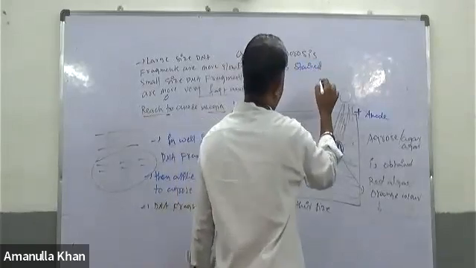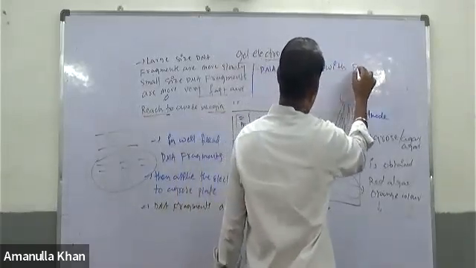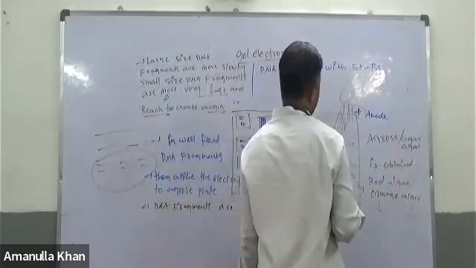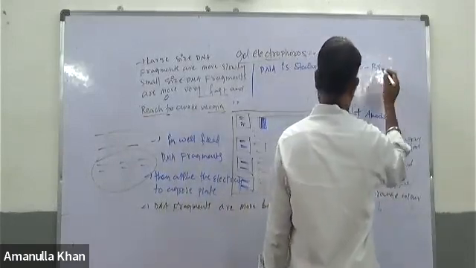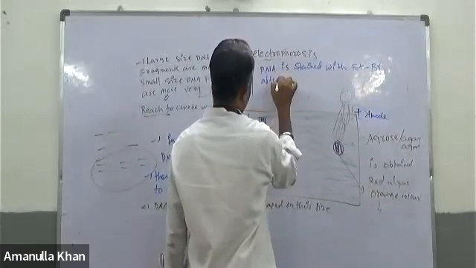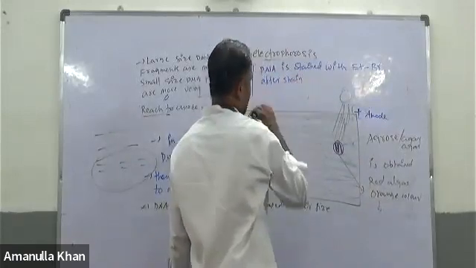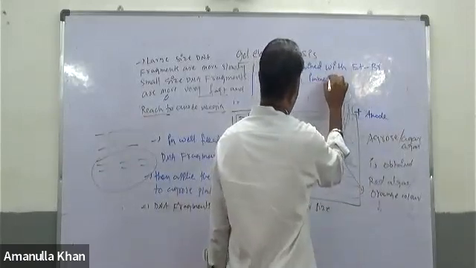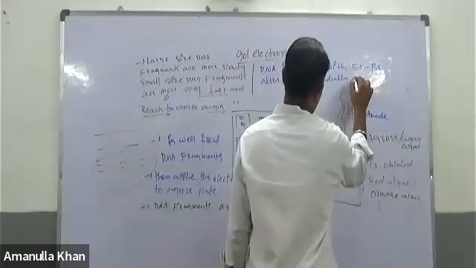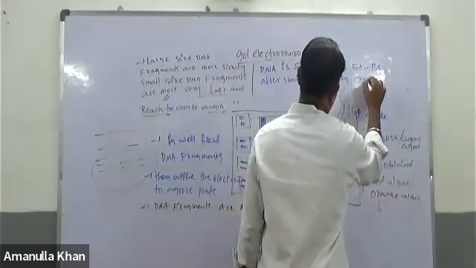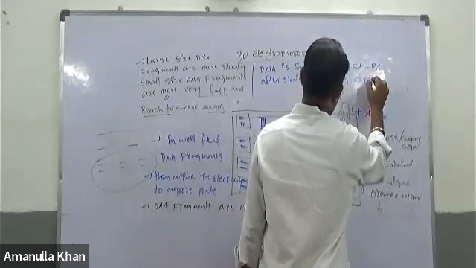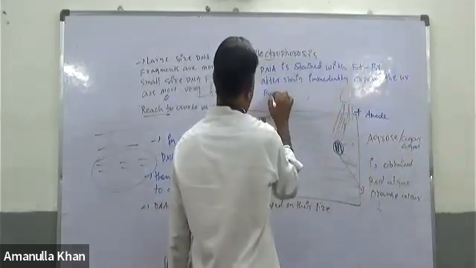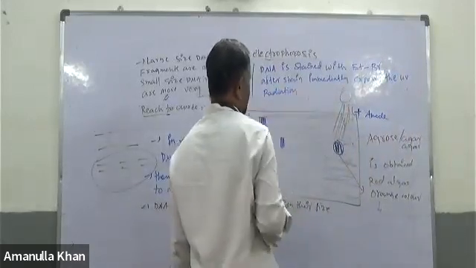DNA is stained with ethidium bromide. After staining, what happens? Immediately expose it to UV radiation.